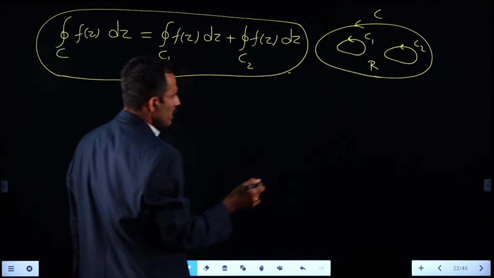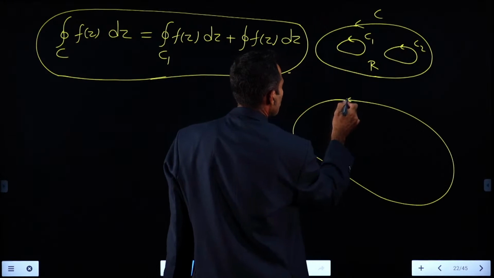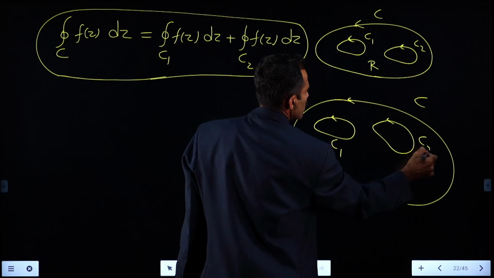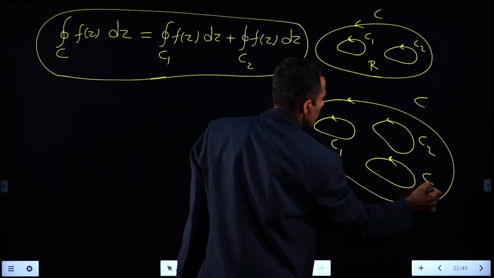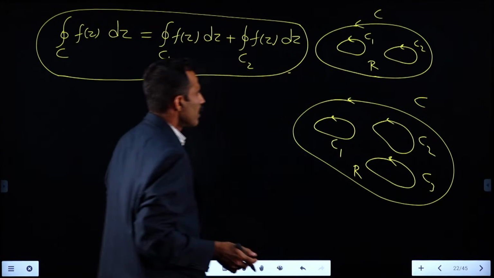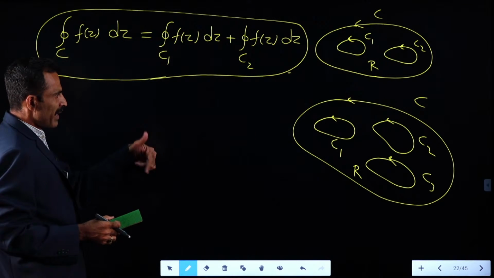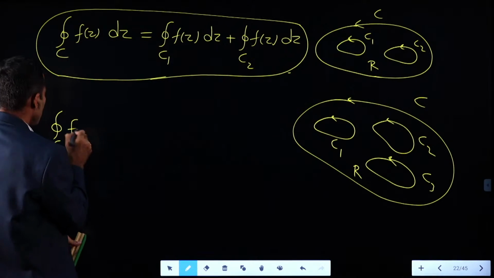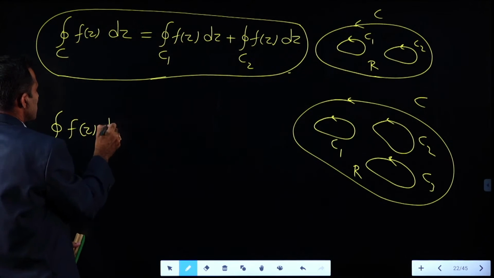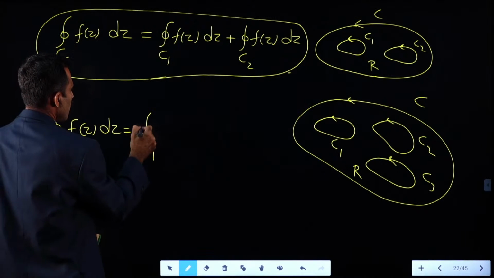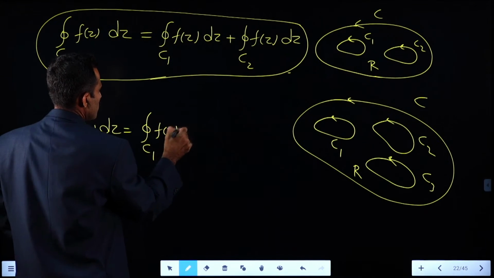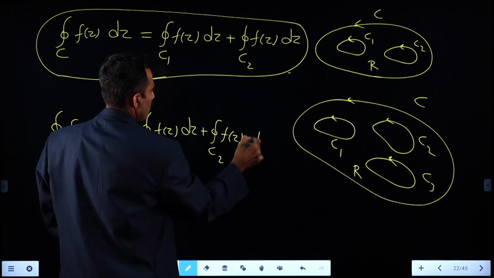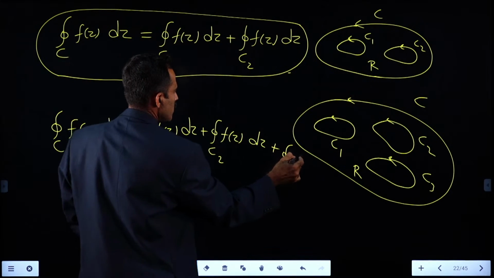Suppose the region is like this: C, and inside C, C1, C2, C3. Now again for this multiply connected region, the integral along C of f of z dz is equal to the integral along C1 plus the integral along C2 plus the integral along C3.